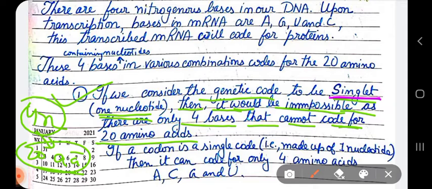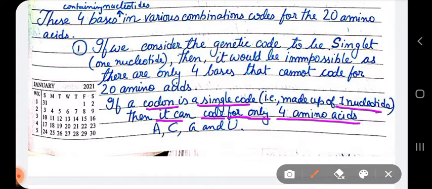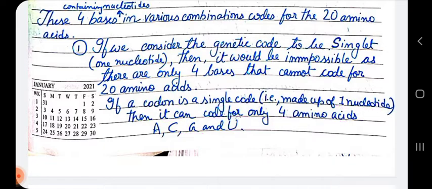That is impossible, because there are only four bases and there are 20 amino acids. So if a codon is a single code, made up of one nucleotide, it can then code for only four amino acids, A, C, G and U.